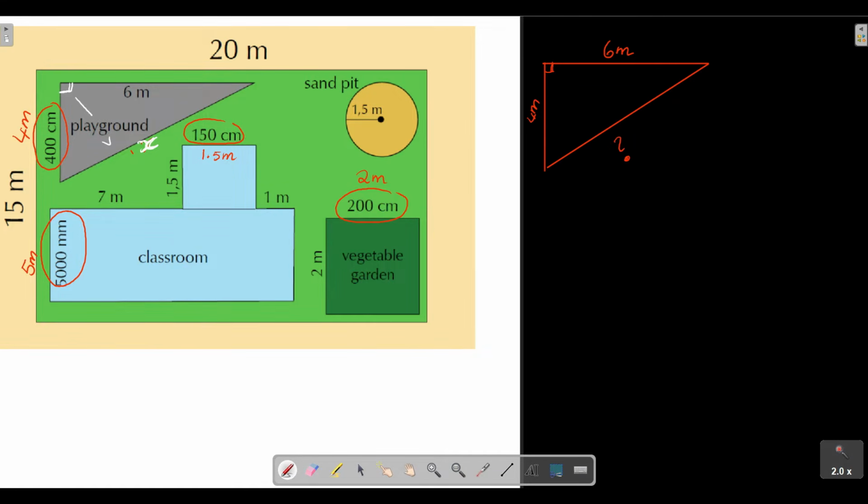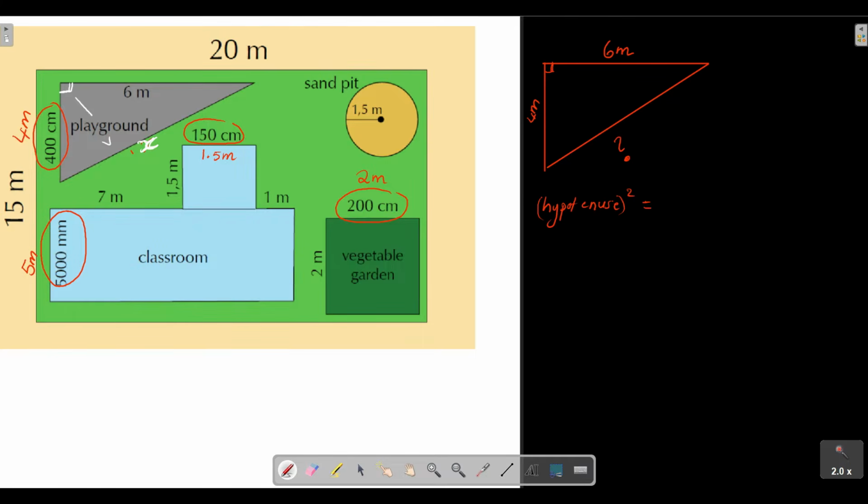To get the hypotenuse, the side that is opposite your right angle, your hypotenuse squared is equal to your horizontal side squared plus the other side squared. Let's label this triangle so that you don't get confused.